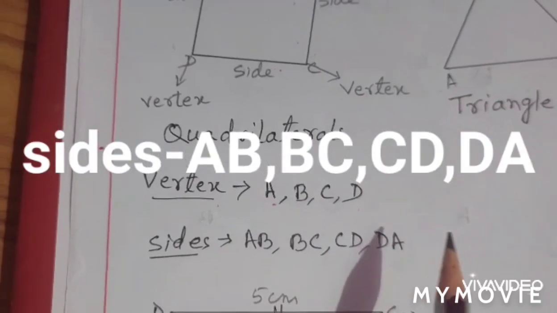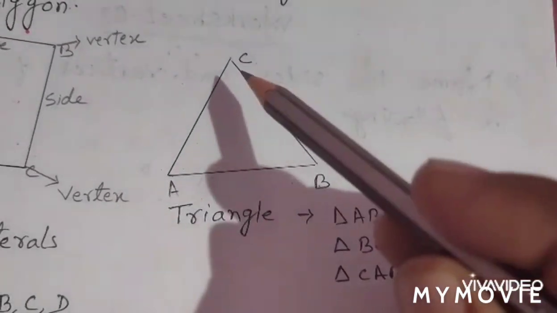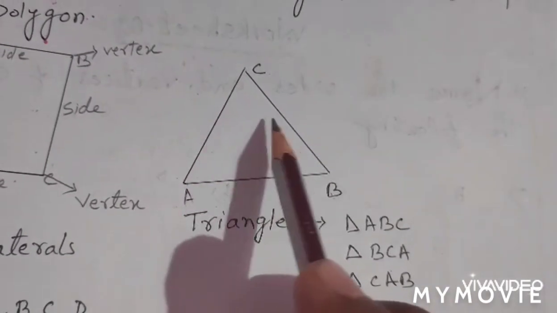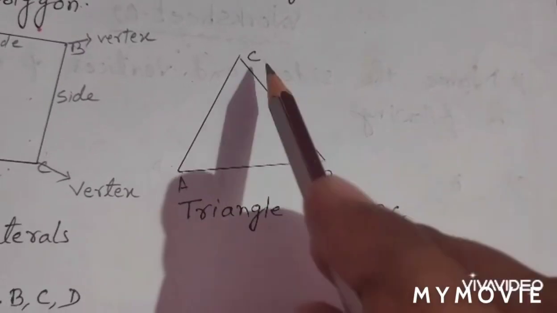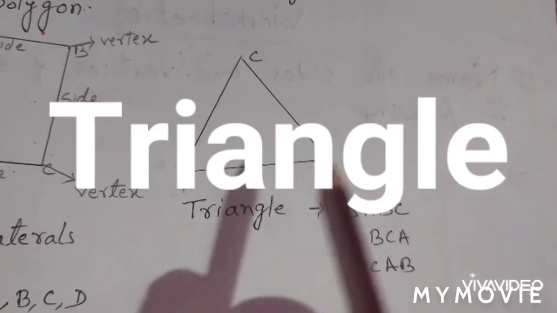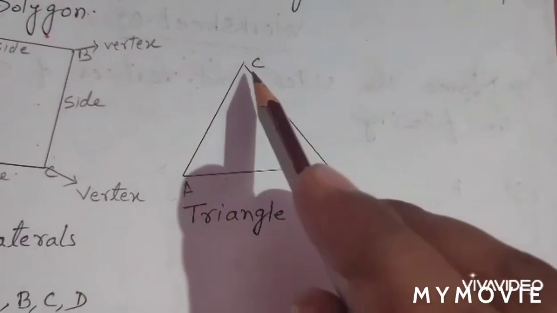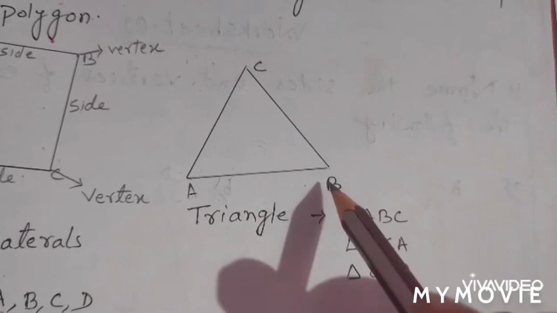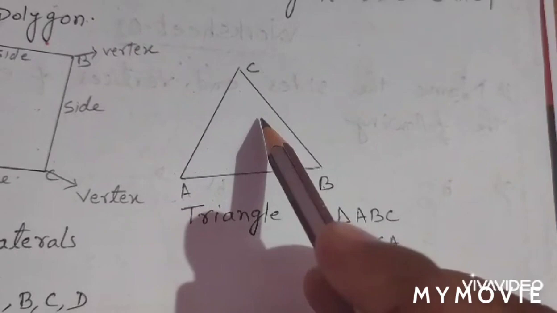Okay, next comes the 3-sided figure. Just see, over here we have 3 sides. Yes or no? This is one side, this is another side, and this is also one side. This is called a triangle, meaning three sides have been given, and A, B, C are the vertices, and AC, AB and BC are the sides of this triangle.